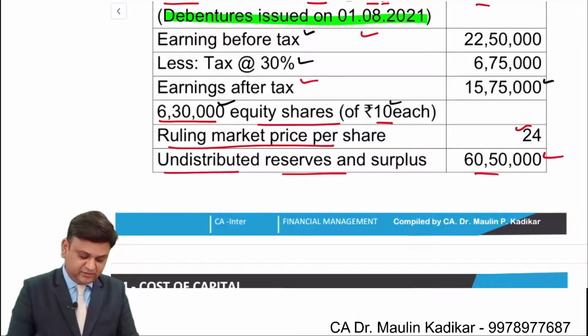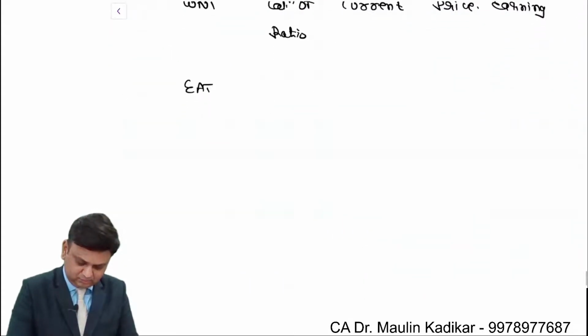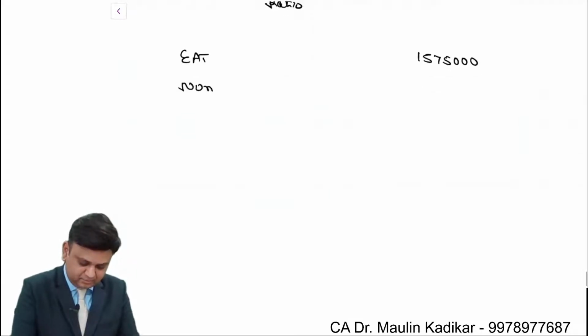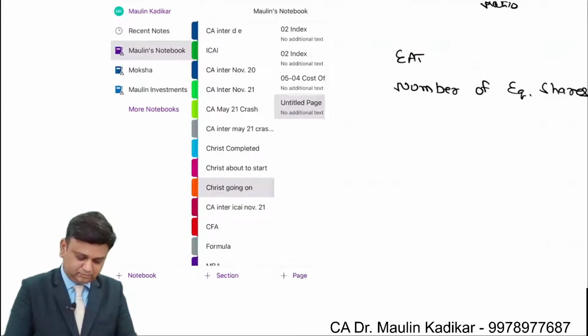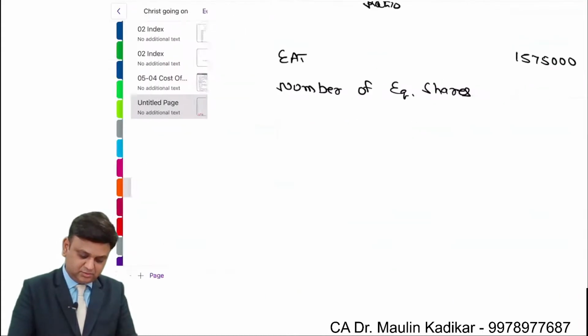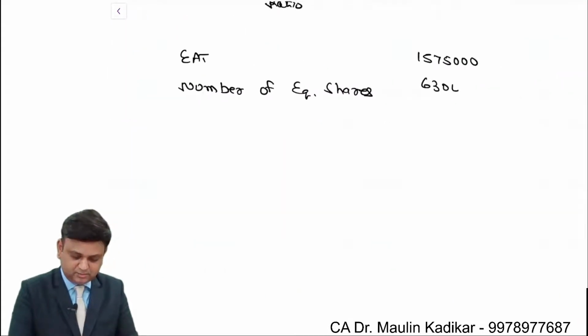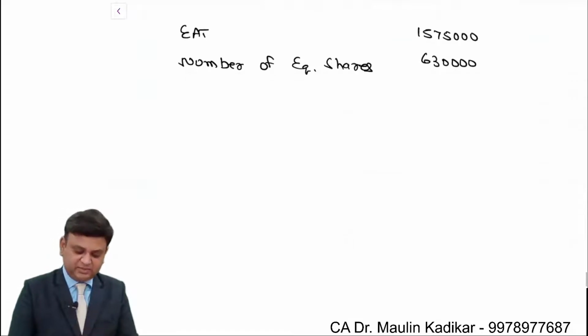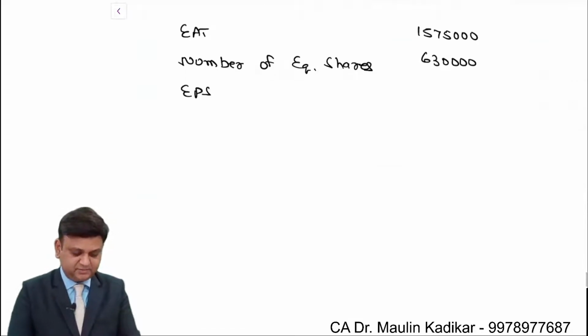It is 15,75,000. Divided by number of equity shares. We can see that the number of equity shares are 6,30,000. So earning after taxes divided by number of equity shares will give EPS. So 15,75,000 divided by 6,30,000. That is 2 rupee 50 paise.